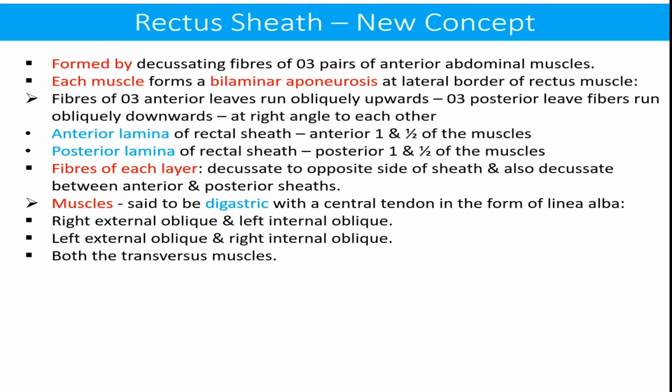Hence, muscles are said to be digastric with the central tendon in the form of linea alba. And the digastric muscles are said to be right external with left internal oblique, left external oblique and right internal oblique, and both the transversus abdominis muscles.